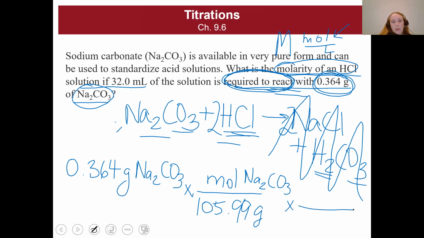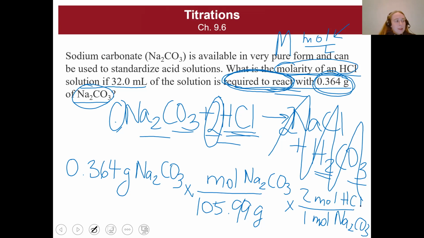So our balanced equation says that there are 2 moles of HCl. That's our coefficient here. For every 1 mole, there's nothing written there, so that means it's a 1 of sodium carbonate. So 1 mole sodium carbonate, 2 moles of HCl. So if I plug that in my calculator, I multiply 0.364 times 2, because I multiply across the top, and then I divide with the stuff on the bottom.